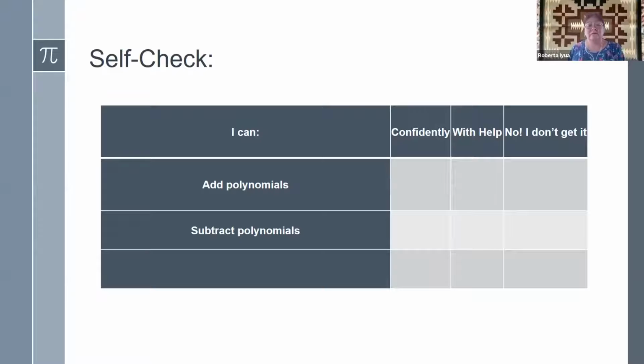You can also see if you need more help, and if you don't get it, then you can ask for more help. We are here as tutors to help you in this, and having a self-check after every section of your math is very great, because then you know what you have to work on and what you need help on.